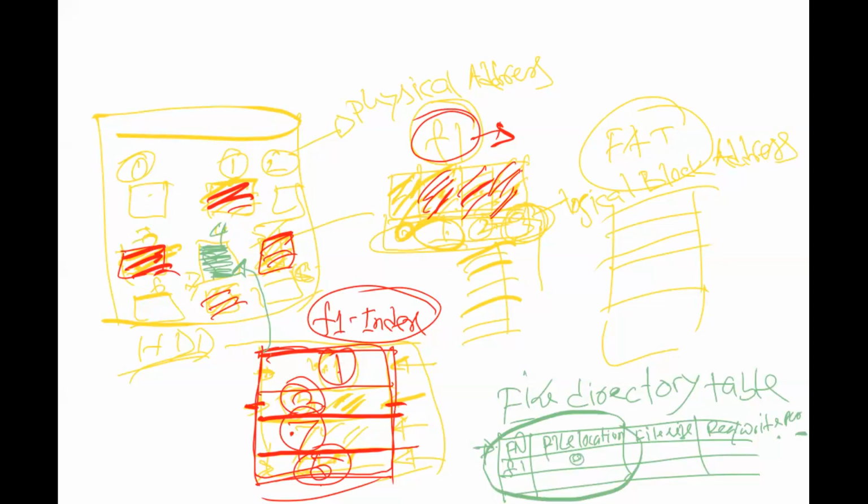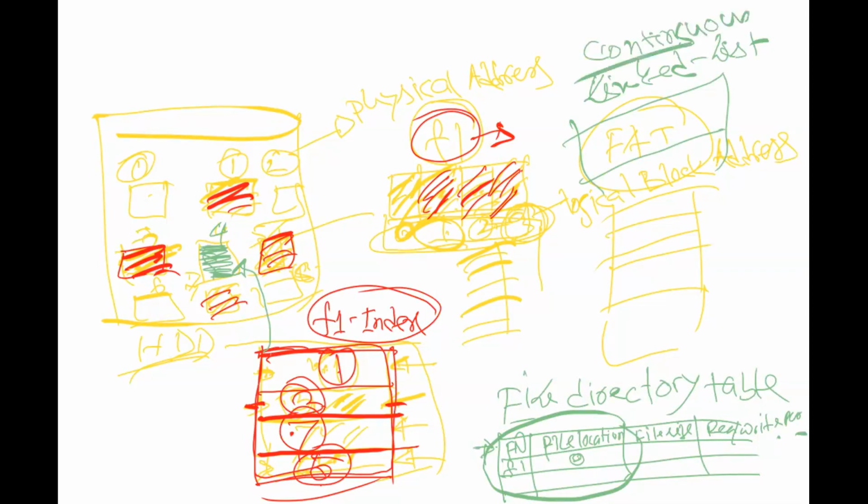In the previous FAT allocation method, as well as the linked list allocation method and the contiguous allocation method, this file location contains where the zero block of the file was stored. Let's say the zero block of the file is stored inside block number 1.